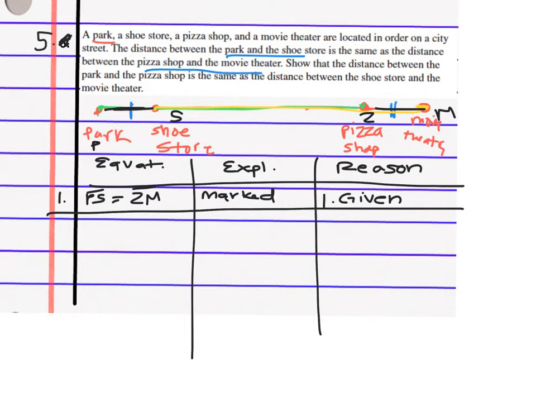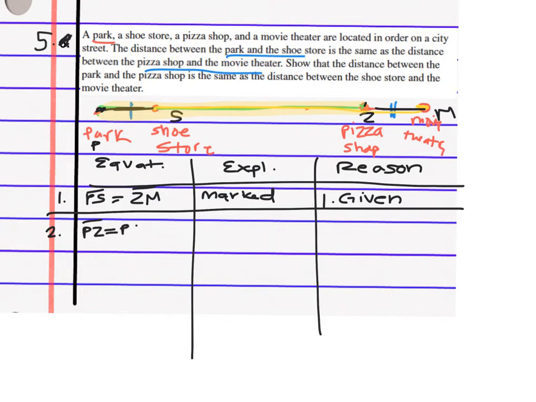So what else do we kind of know here? Let's think. We know that from P, the park to the pizza, let's highlight that. From the park to the pizza, from here to here, highlighted in yellow. So that's PZ from the park to the pizza.